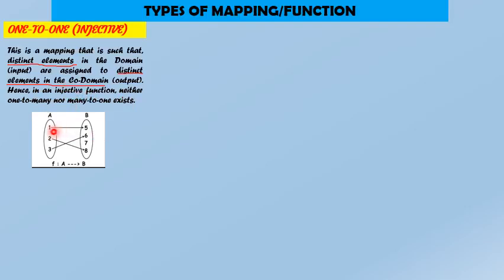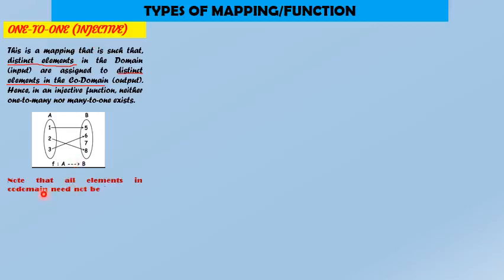It is always one image with one pre-image, or one input to its own output. No sharing of input, no sharing of output. When we have this kind of situation, we describe it as one-to-one, or you can call it what? Injective mapping.